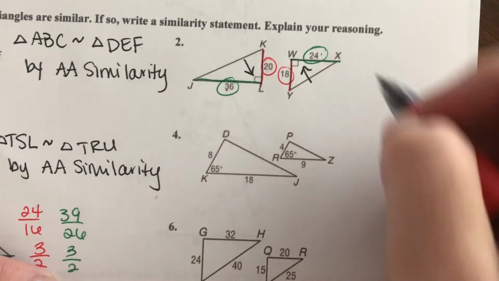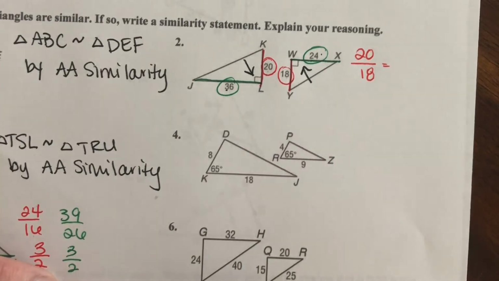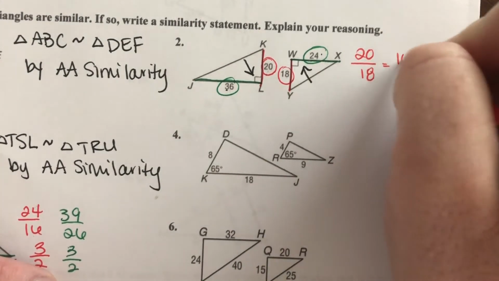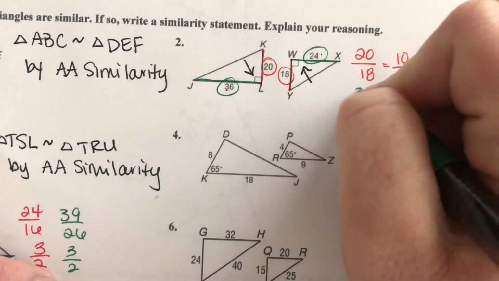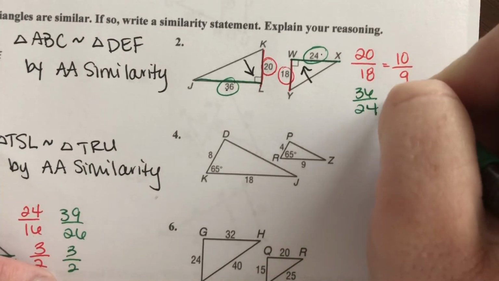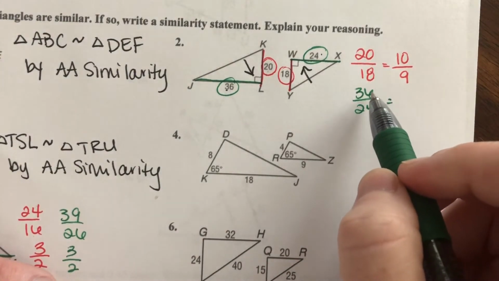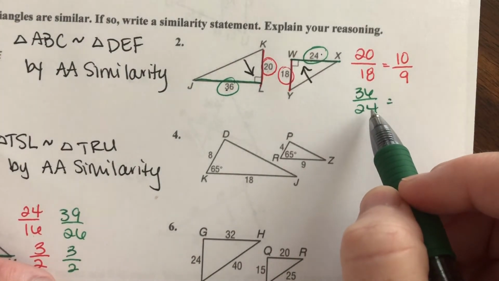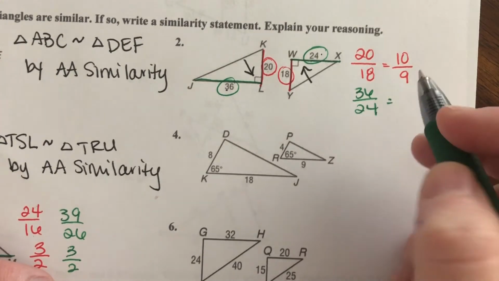So 20 over 18, I could simplify that to 10 over 9, I guess. And 36 over 24, I could simplify that to, what is that? 18 over 12, which would be 9 over 6.